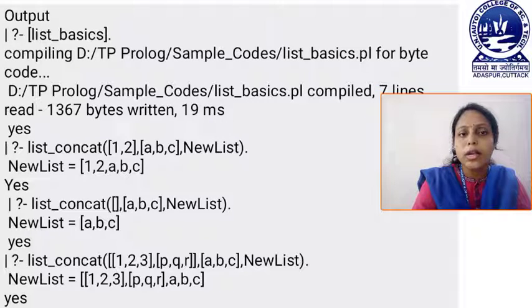The first list contains two lists, 1, 2, 3 and P, Q, R, and the second list is A, B, C. That means here we concatenate these two lists. The resultant new list contains 1, 2, 3, P, Q, R as elements, then the second list elements A, B, C. This is how we can concatenate two lists in Prolog programming.